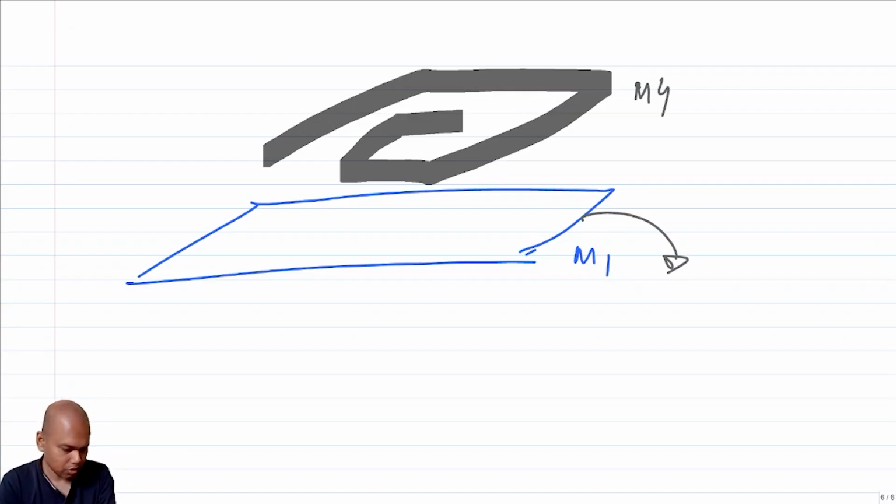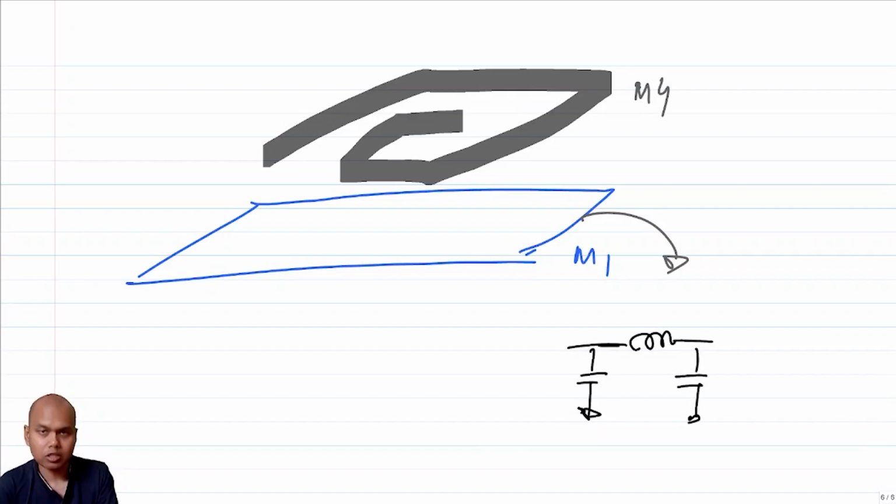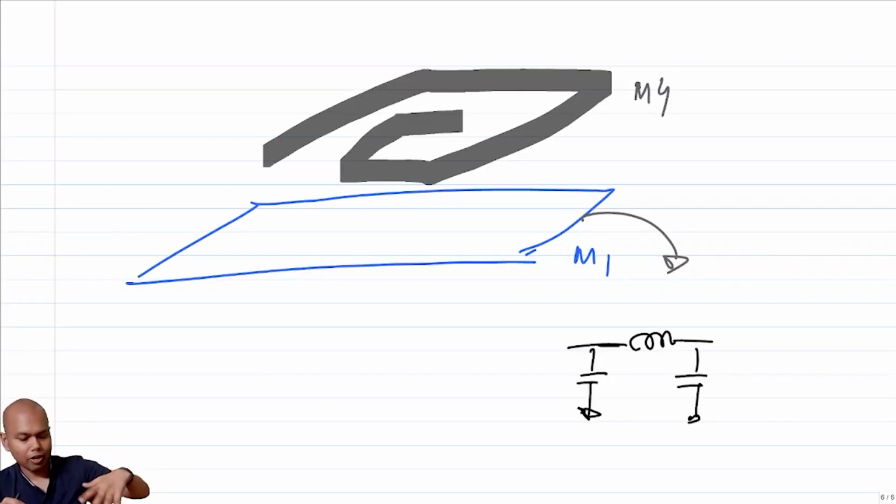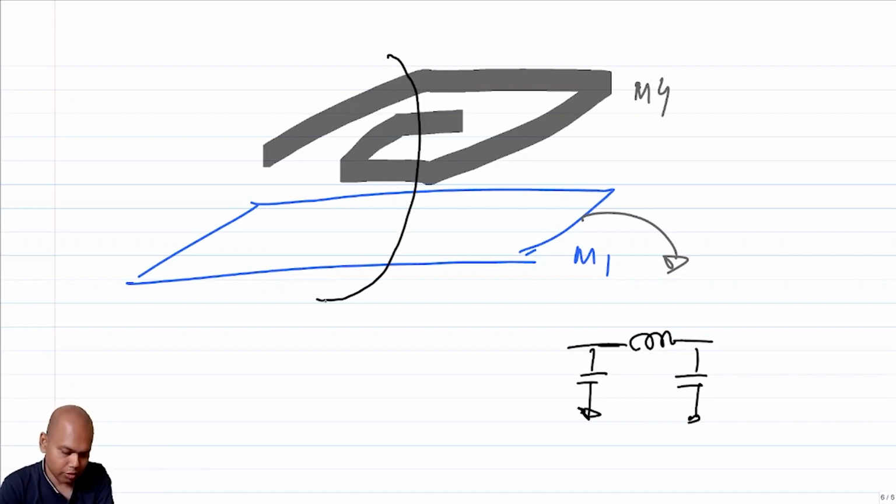So does that mean that my equivalent resistance model becomes this, and there is no loss? It would seem like that, but the issue is far more grave. The issue is, now you see that you have a loop on top and you have a continuous metal in the bottom, right? And because of that, the flux that is going to cut here is going to create an eddy current, just like the proximity effect.